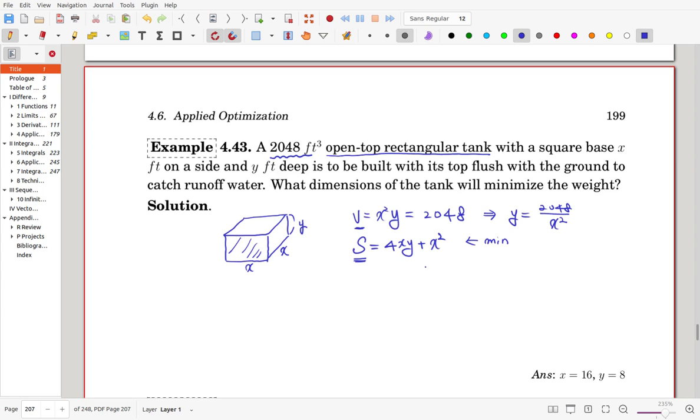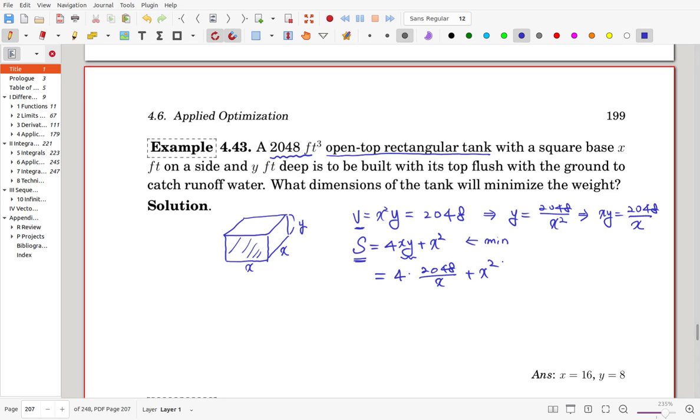Or, because we need xy, xy equals 2048 over x, the same anyway. So for the surface area, xy can be replaced by 2048 divided by x. So S equals 4 times 2048 divided by x plus x squared.